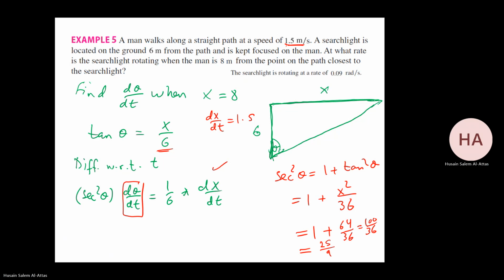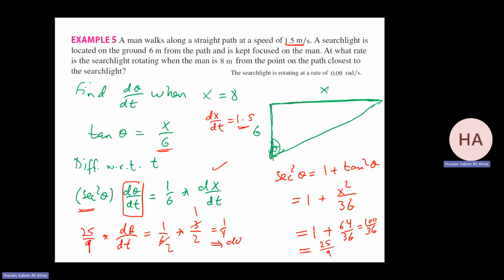Okay, so I know this now. I have 25 by 9 times d theta over dt, which I'm looking for, equals 1 over 6 times 1.5, which is 3 over 2. That is 1, that is 2, so this is 1 over 4.